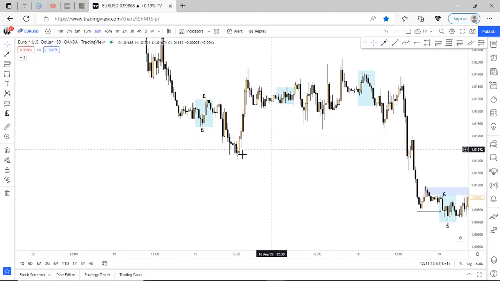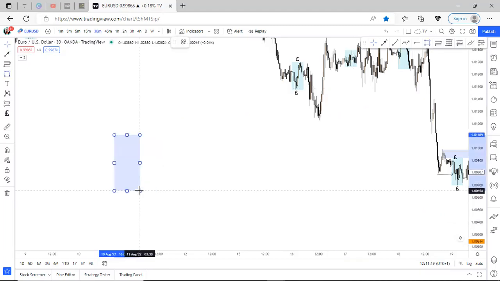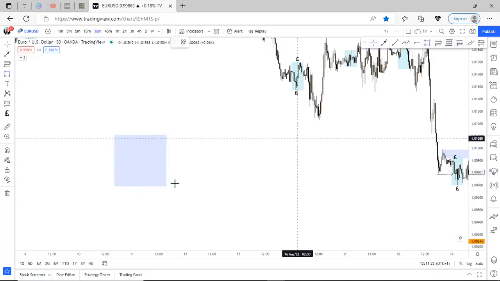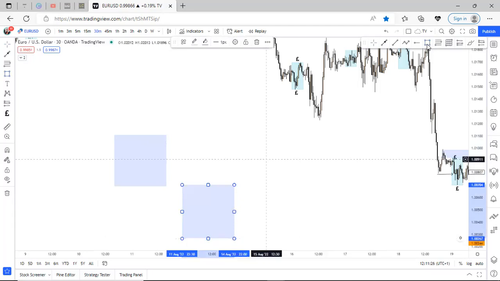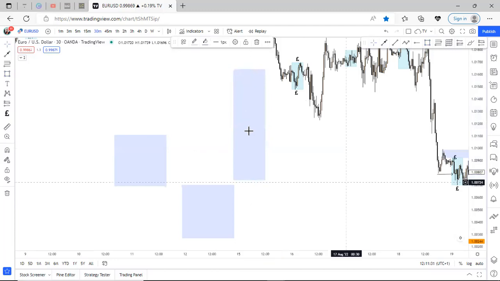And as you all know, the sessions work almost hand in hand. So if we have this consolidation during the Asian session, sometimes the London session will give us a sell trade, then the real move will happen later, taking it out.